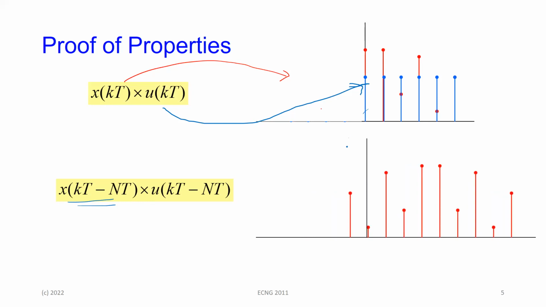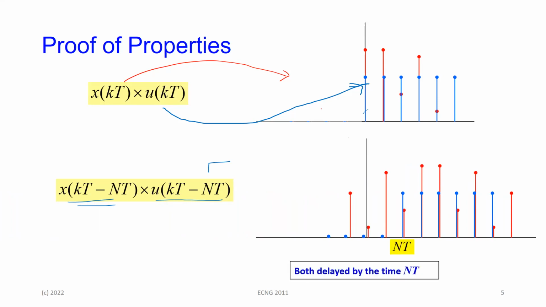And if I multiply it by the same u(kT) shifted by that amount, that's the same blue unit step shifted to the right by the same amount as well. Multiply the two of them, what do I have left? It takes away all of these values here. So that is what that expression means.